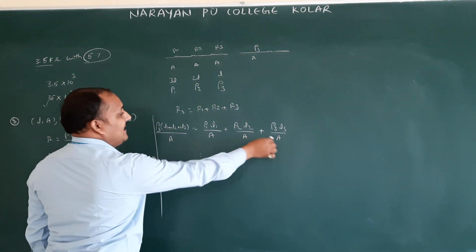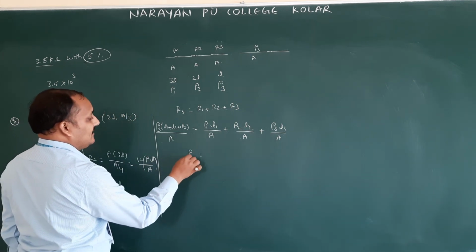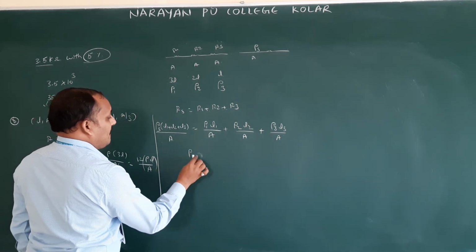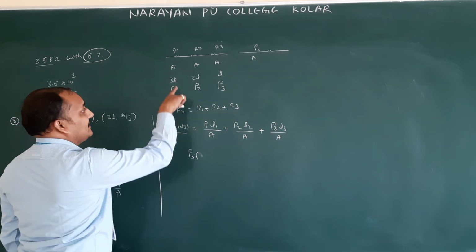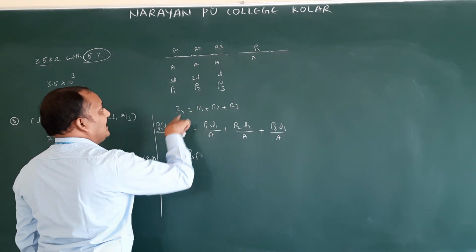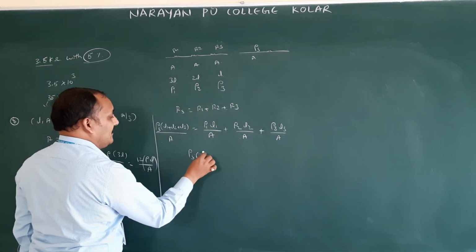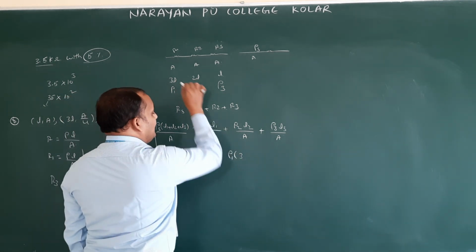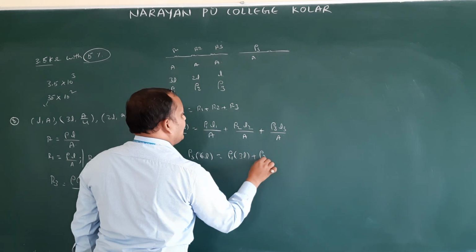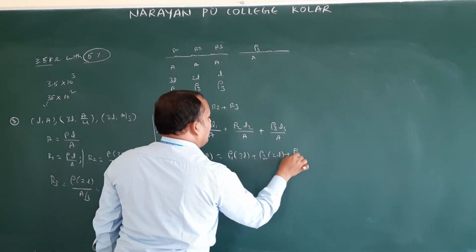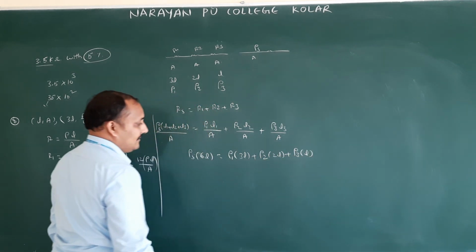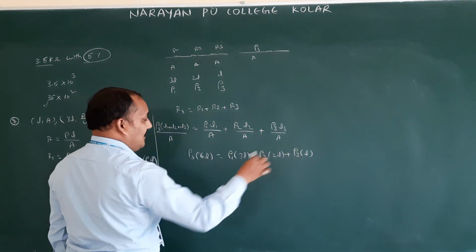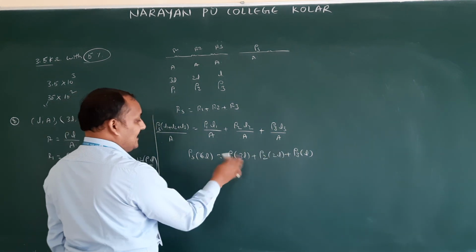So A will be cancelled. Then rho S into the total length, 3L plus 2L plus L, that is 3 plus 2 is 5, 5 plus 1 is 6L, is equal to rho 1 into 3L plus rho 2 into 2L plus rho 3 into L. L is common, so L will be cancelled on the left and right sides.